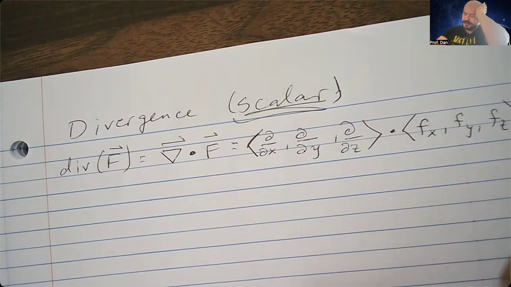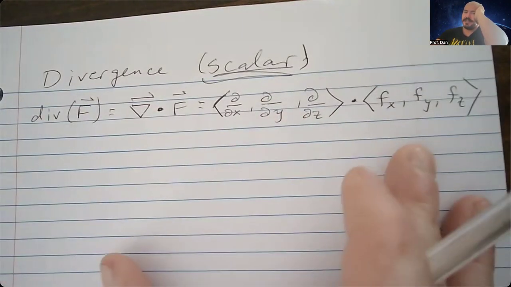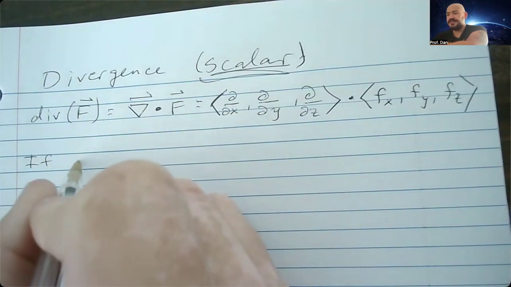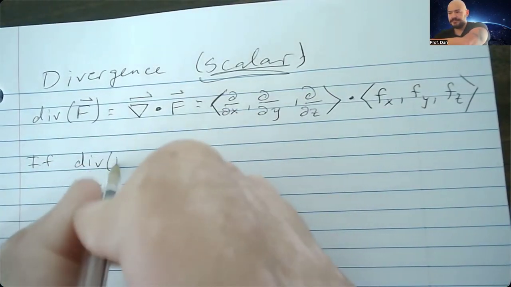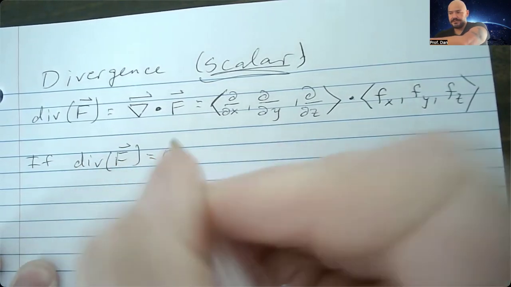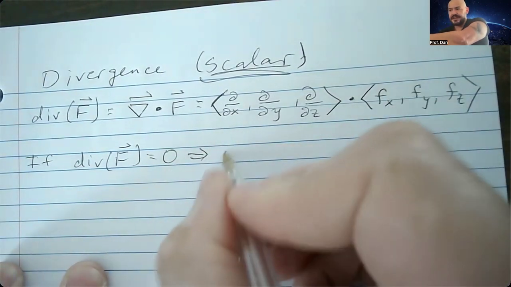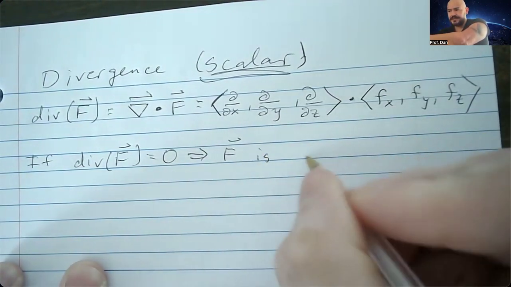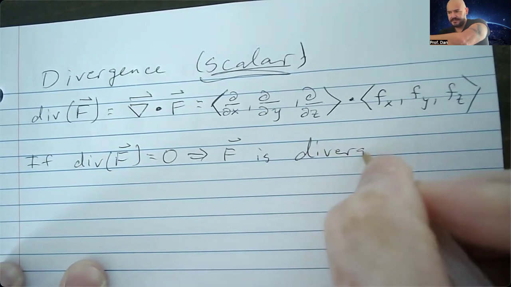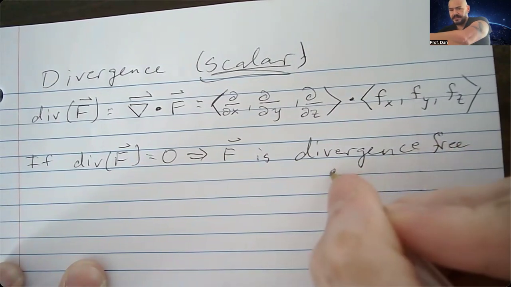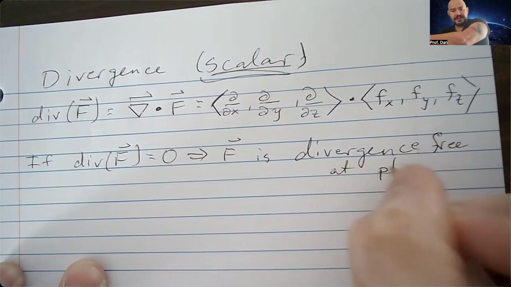There's not really a requirement on a vector field being conservative for this to make sense. Like you can use this for any vector field, right? But if we get the case where the divergence of F is 0, and that's scalar 0, not vector 0, then that means that F is divergence free at that point.